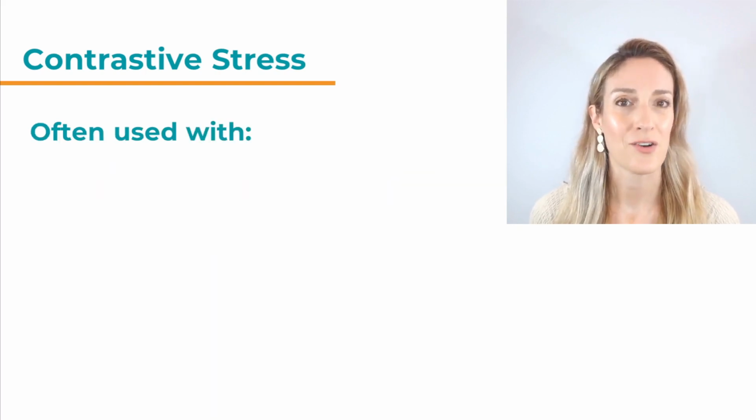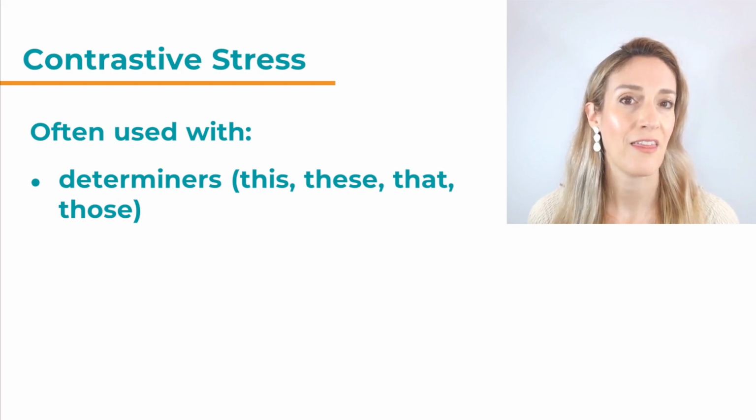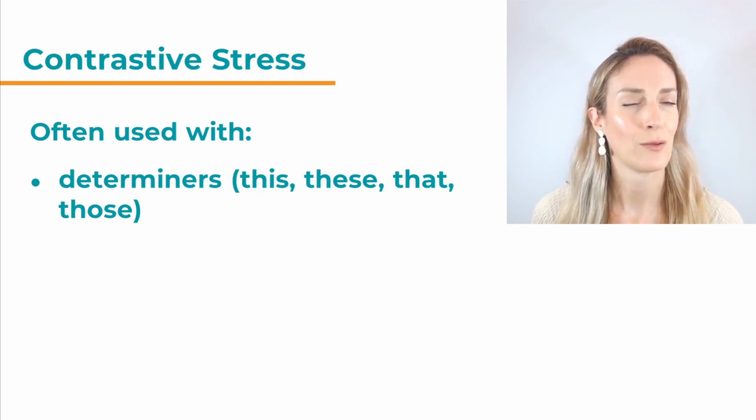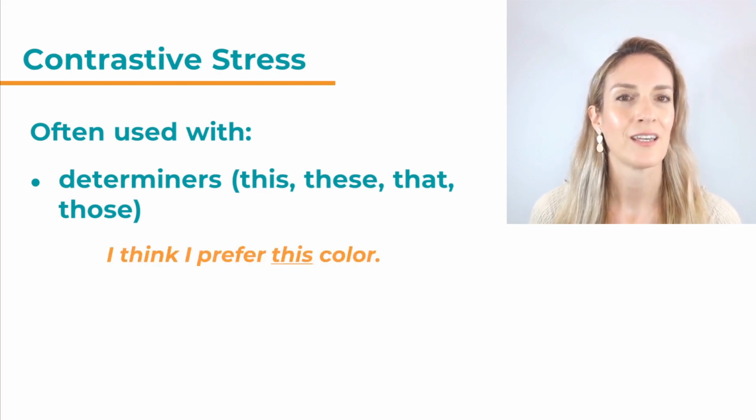Now, contrastive stress is also often used with determiners, this, these, that, those. We had an example just now, and here's another example to illustrate that. I think I prefer this color.